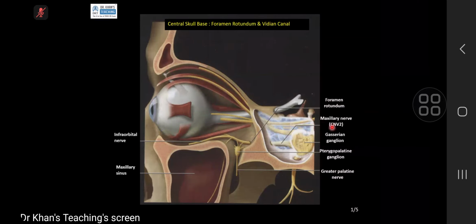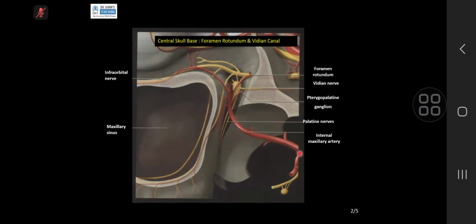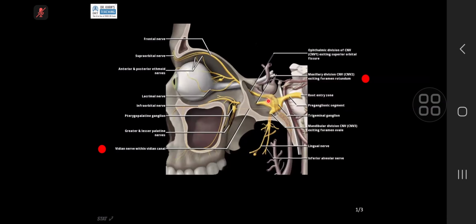Once again, point to remember, look at this diagram. Here, this is the ganglion, which is the Gasserian ganglion of the fifth nerve, V1, V2, V3. V1 passes through foramen lacerum, V2 passes through foramen rotundum, and our aim is to learn the anatomy of foramen rotundum.